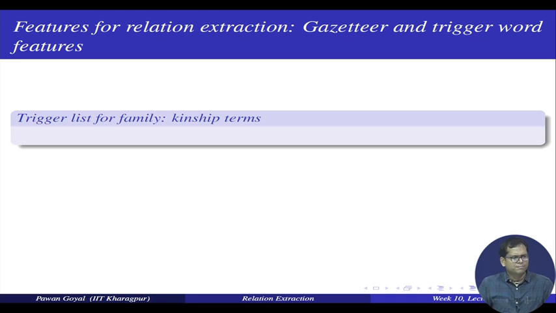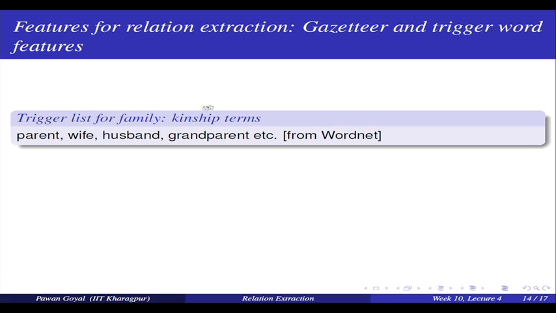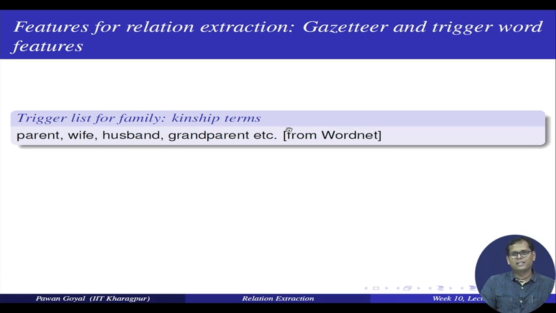Then there can be some sort of features that you can obtain from various gazetteers and different terms, like kinship terms. If your relations contain mother of and parents of and all that, you can use some kinship terms, like parent, wife, husband, grandparent, etc. And these can be obtained from various lexical resources like WordNet also.